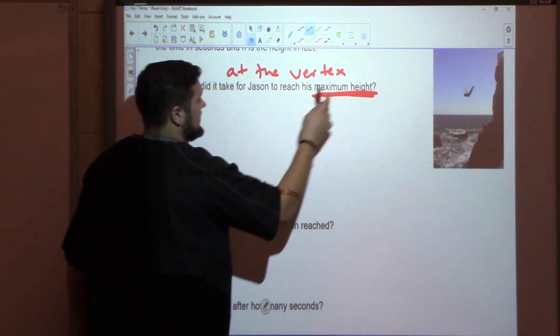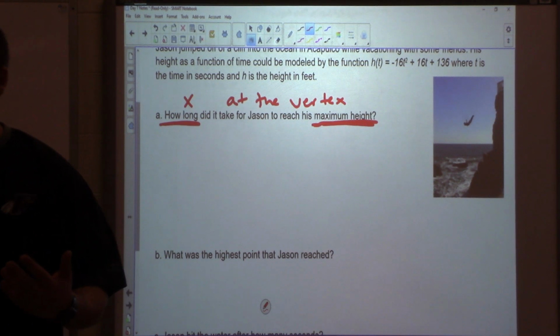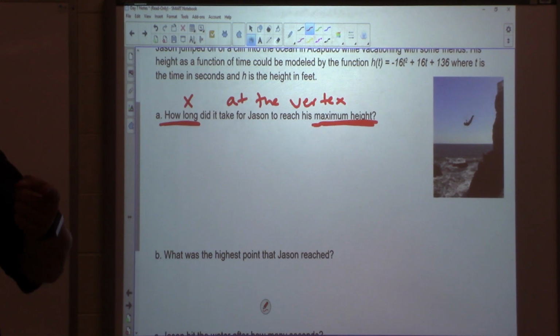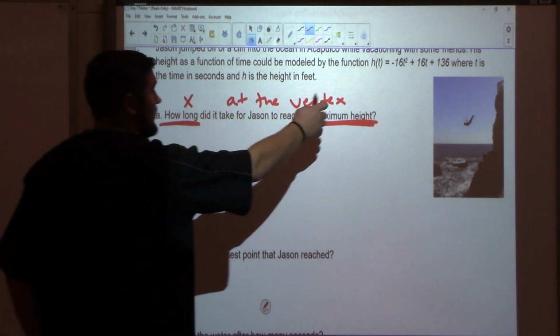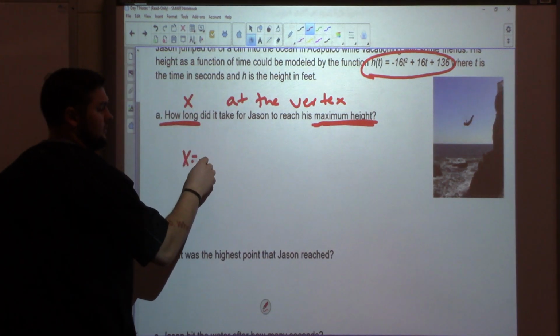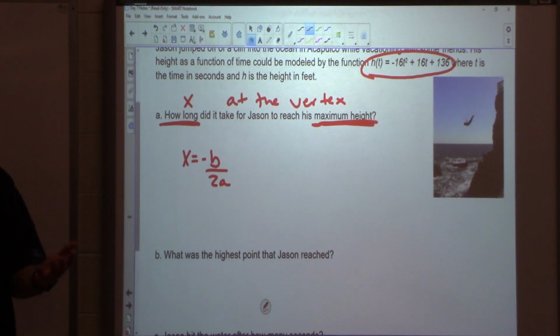Well, if it's an equation in standard form, how do I find the x value at the vertex? Not just b over 2a. Negative b over 2a, right? In standard form, which this is, my x value at my vertex is negative b over 2a. We've done this.